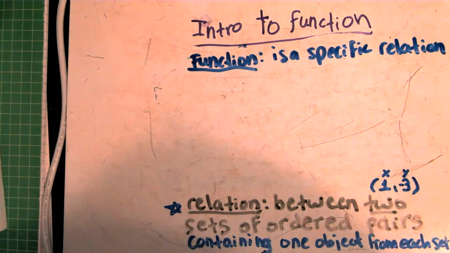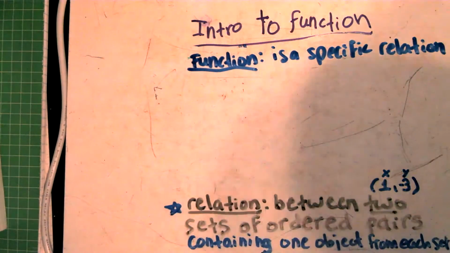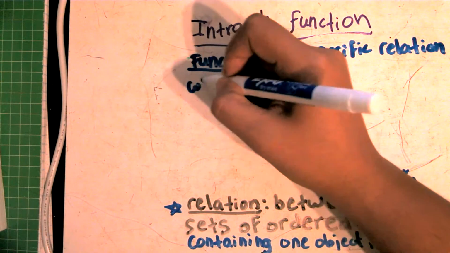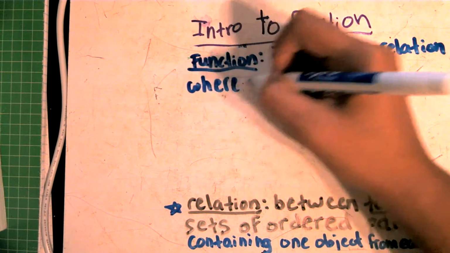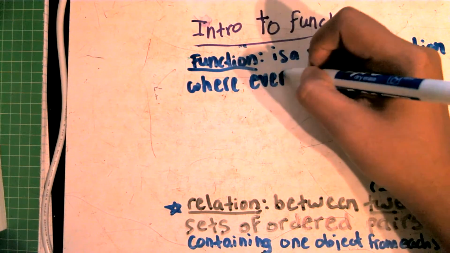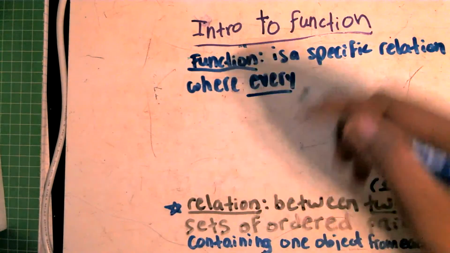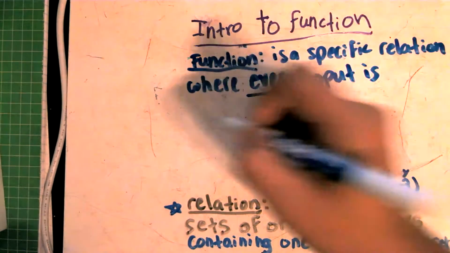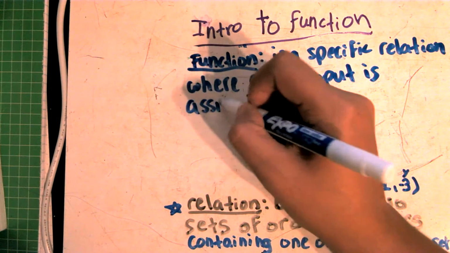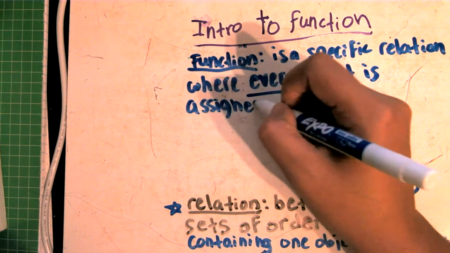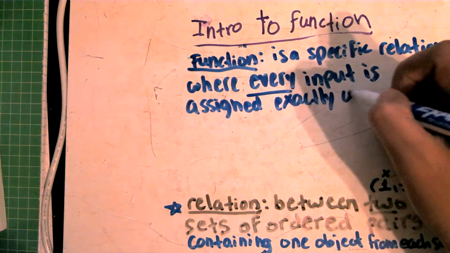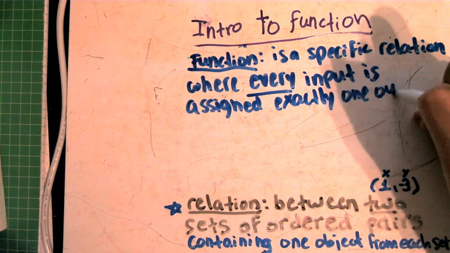Okay, a specific relation such that every input, in other words, every element of the domain, the first set, every input is assigned exactly one output.